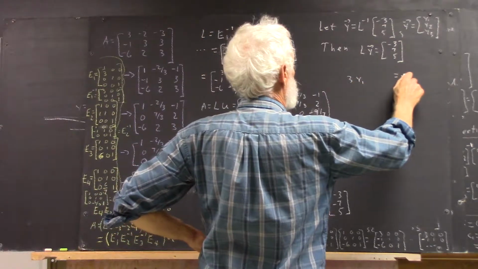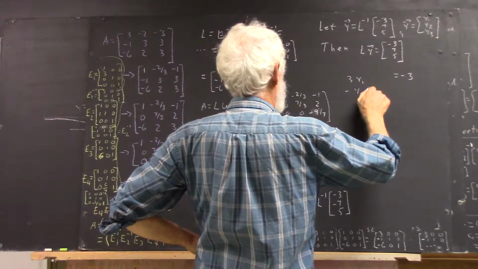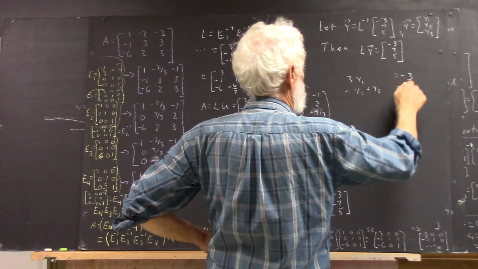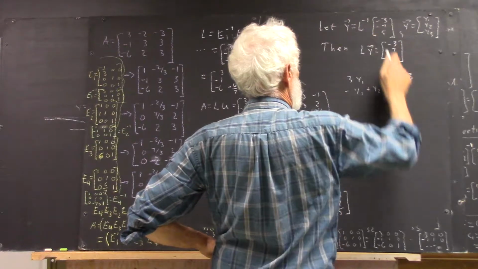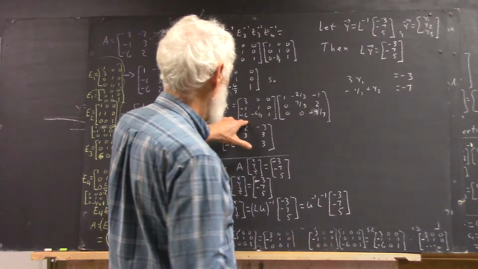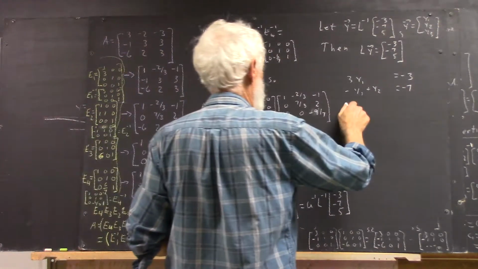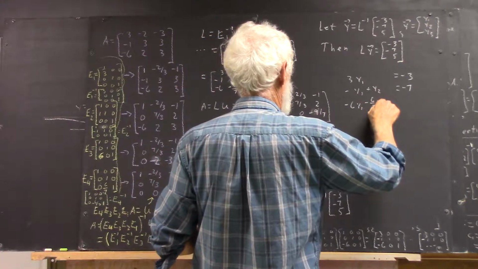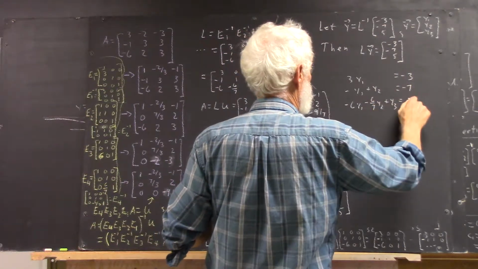3y1 equals -3. Negative y1 plus y2 equals 7. I think it was -7 until I forgot to write the negative, so that would be -7. And then we have, from here, -6y1 minus 6/7 y2 plus y3 equals 5.